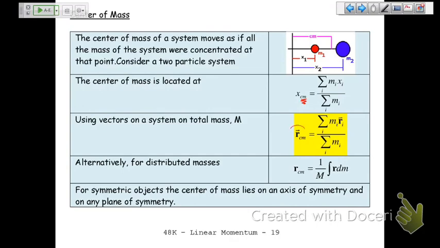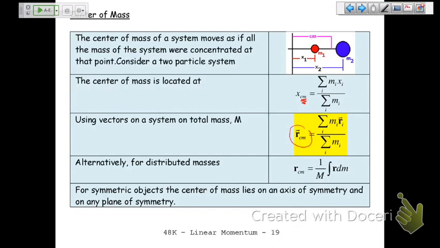Now if we have the vector going to the centre of mass, it's the sum of each mass times its displacement vector. And when you've done that summation, divide it by the sum of all the masses. And then if we go to a distributed mass, like a cloud of atoms, then we end up with an equation that on the face of it looks somewhat different, but it's just the way it's traditionally written.